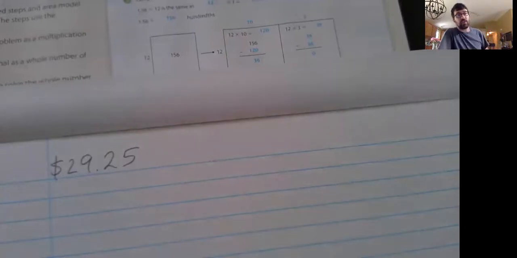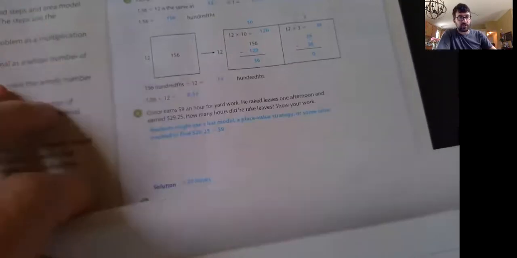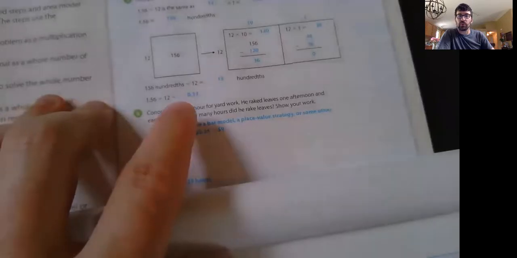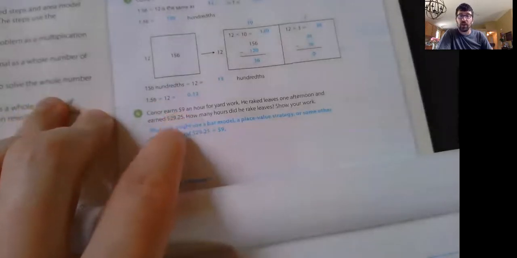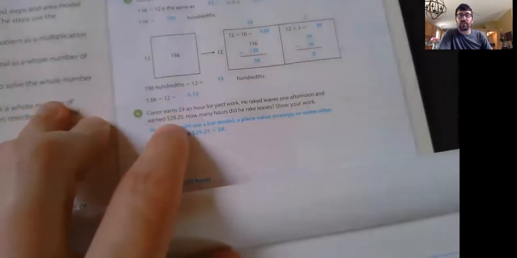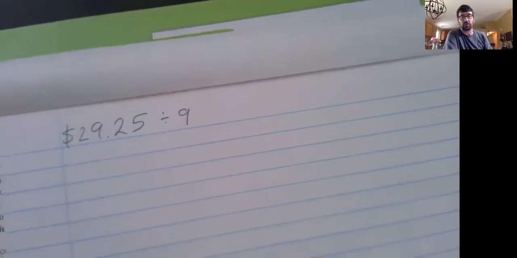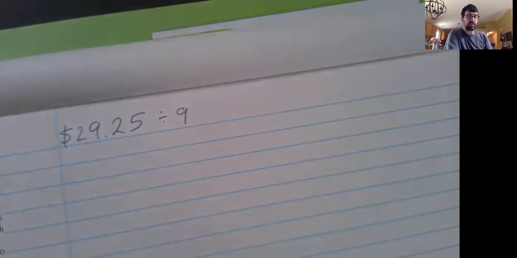So if this is how much he made during the afternoon, and he makes $9 an hour, we want to find out how many hours he worked. If he makes $9 per hour, and he made this much total, if we divide this by 9, we're going to get the number of hours that he worked. So we're going to divide this by 9. There's multiple ways we can approach this problem. We obviously could use some of the strategies that have already been discussed.